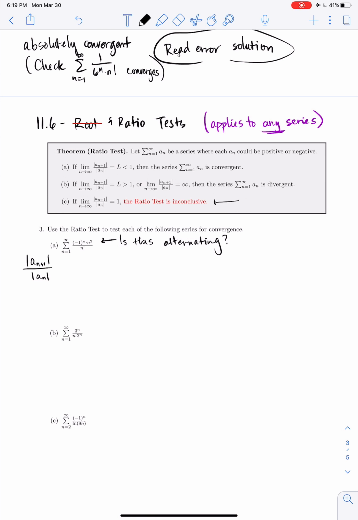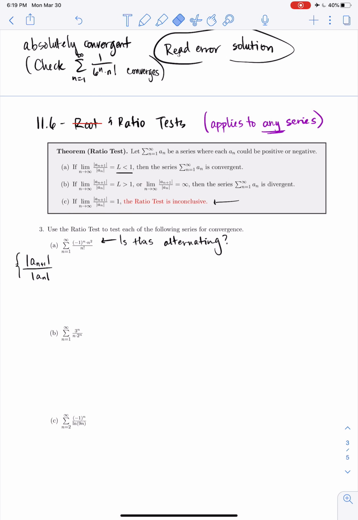So I would be comparing n plus 1 to n. Those two terms are consecutive, and I'm comparing the ratio that they form. So the idea here is if this ratio is less than 1, then that tells you that, generally speaking, the sequence is getting smaller because the numerator of this ratio would then be smaller than the denominator of this ratio eventually.